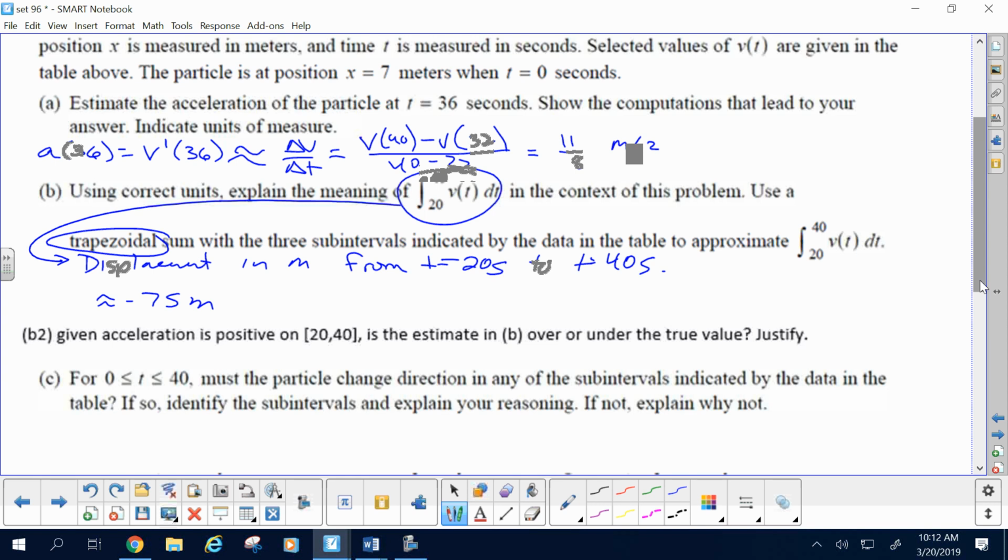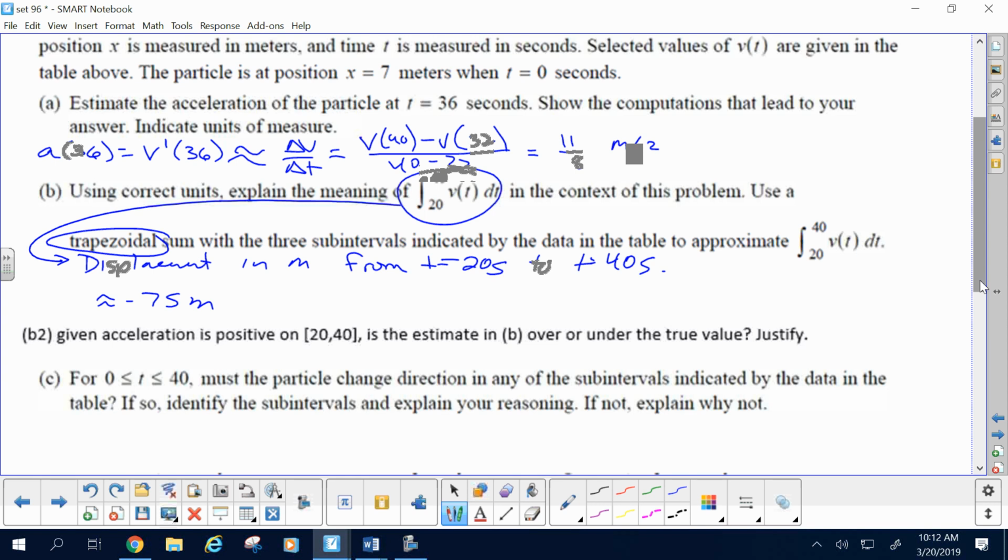All right. B2, this actually has a wording error in it. I meant given acceleration is increasing on 20 to 40. Sorry about that. Is the estimate over or under the true value? Now, if acceleration is increasing, what does that imply derivative-wise?